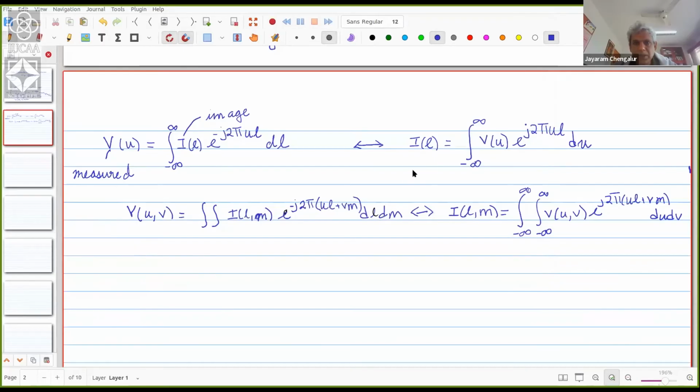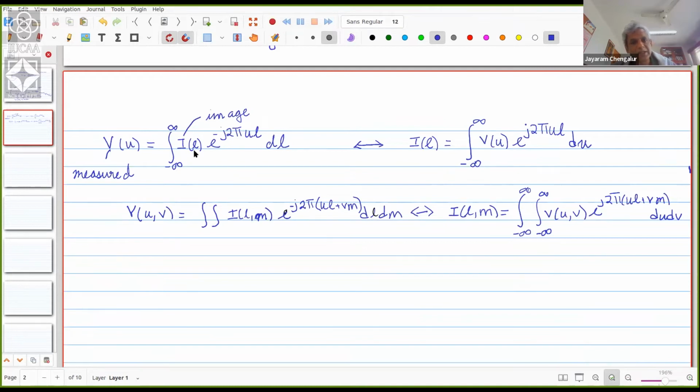I'll just stop sharing and put that up. So this is the relationship that we are interested in, right? The one on the left-hand side. This is what we are measuring, and this is what is observed, right? Yes, sir.